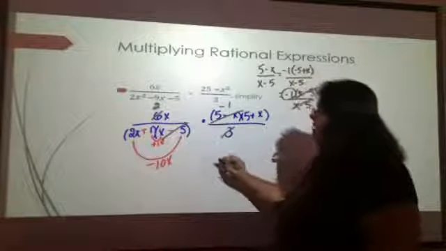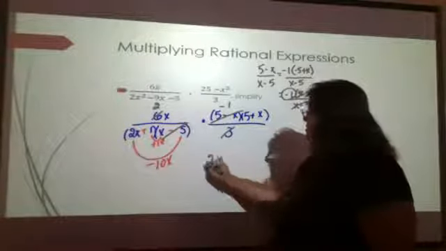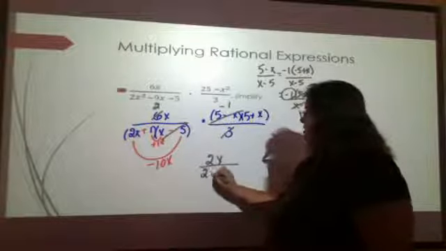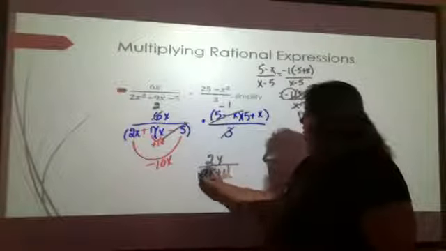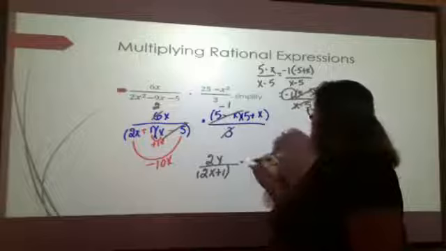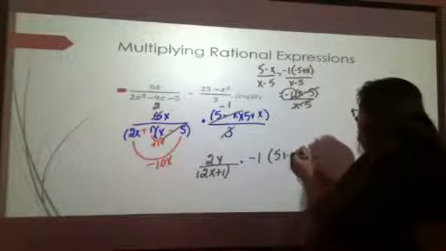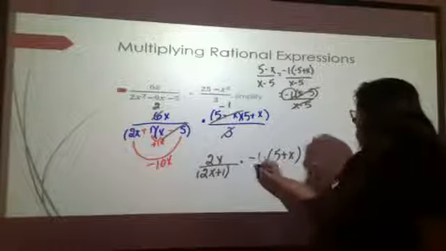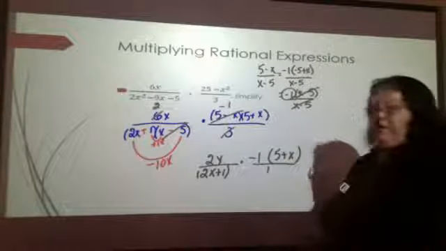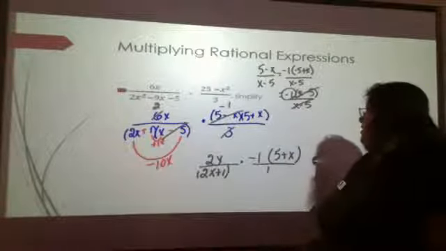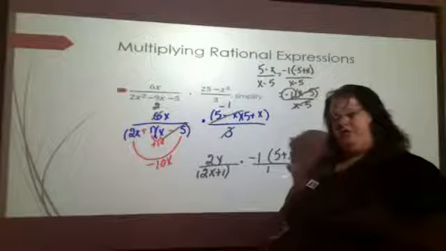So it looks like right now on top I have 2x in the first fraction, 2x plus 1 on the bottom of the first fraction, times -1 and a 5 plus x. And it looks like the whole bottom canceled. So this is where each teacher's a little different.